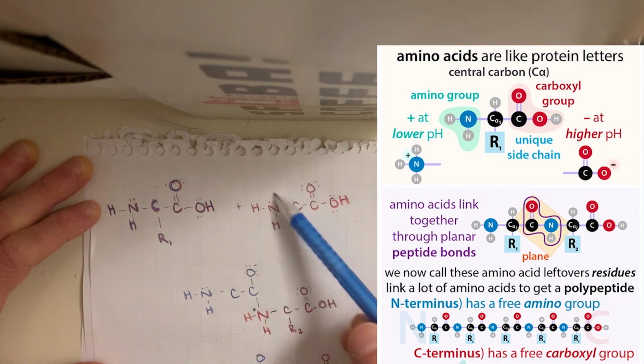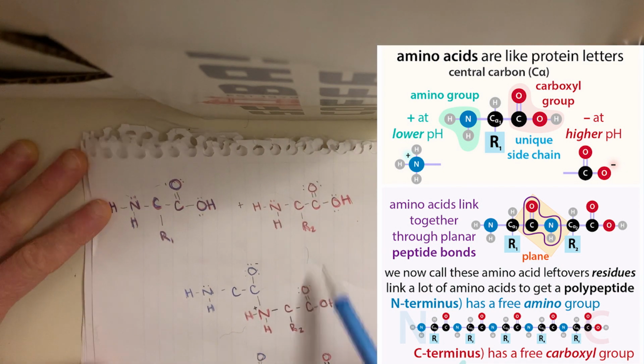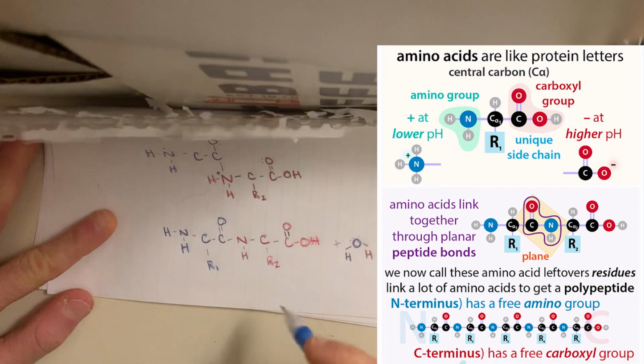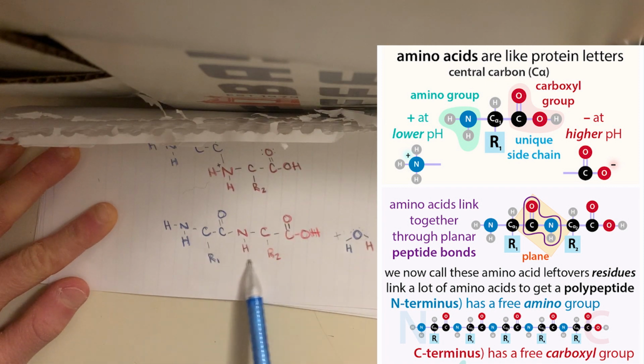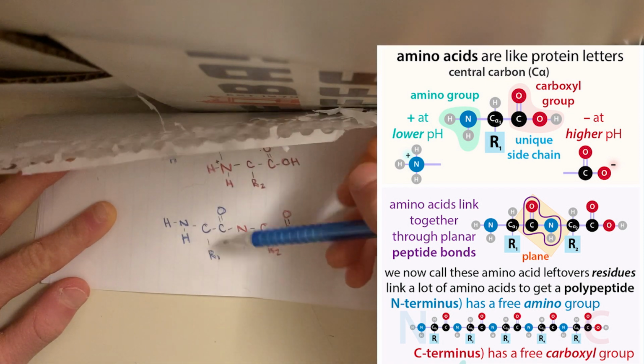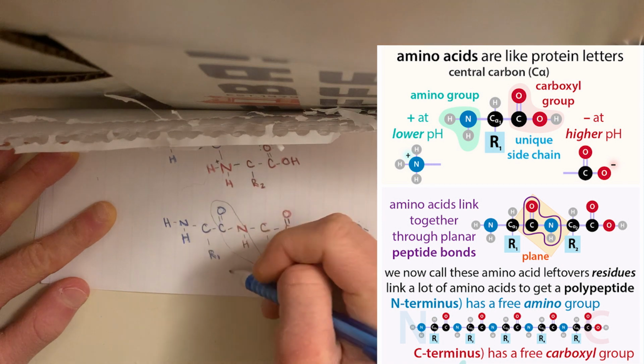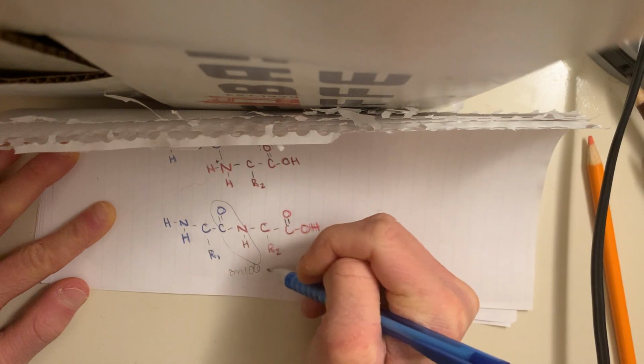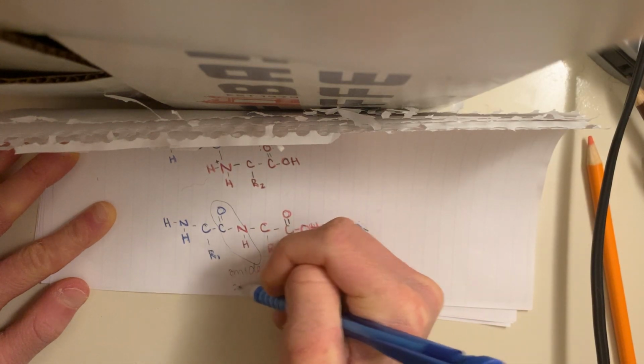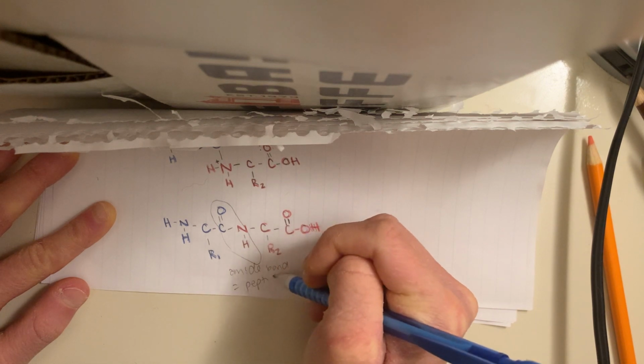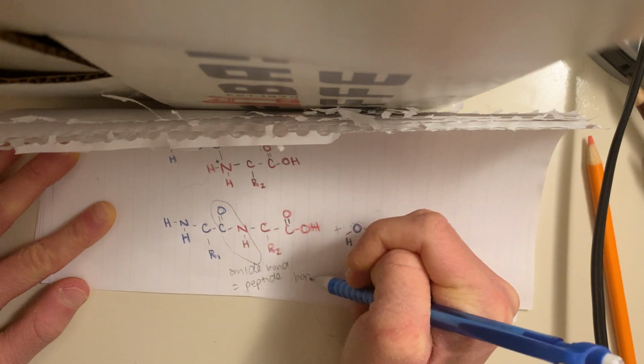What we're going to end up with is this, where we have them linked. This is our amide bond, which we call a peptide bond in this case, but it's an amide bond.